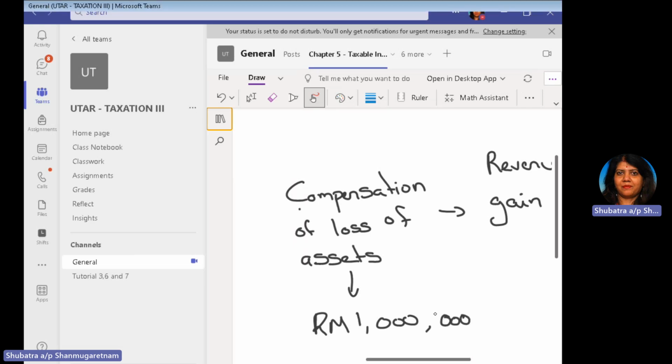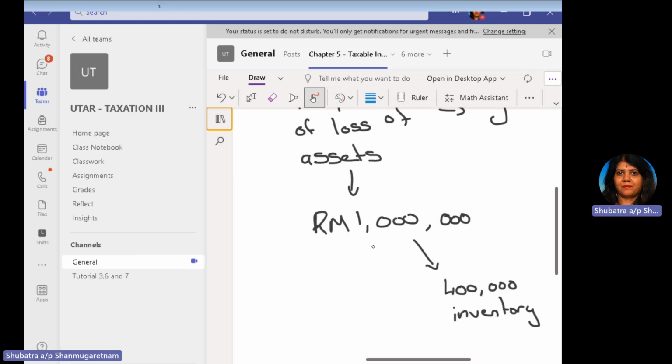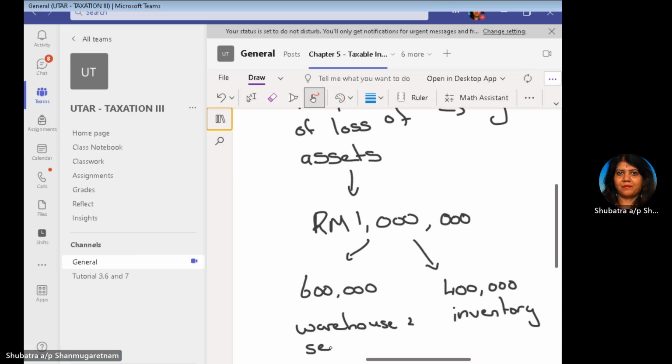Out of this $1 million, they say that 400,000 is because of my inventory, and another 600,000 is for my warehouse and shelf.